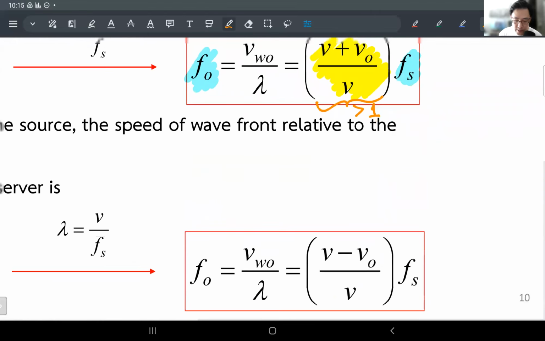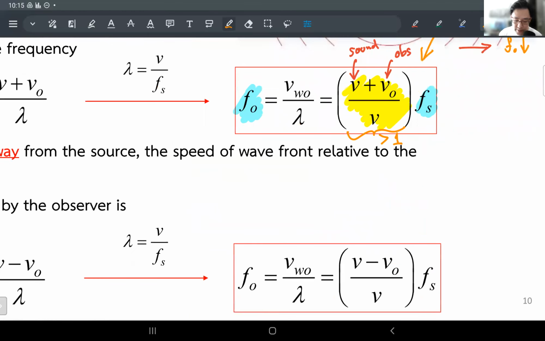If you compare this one to the bottom expression, what do you see? The bottom one is the case where the observer is moving away from the source. The form looks exactly the same. It must be some multiple of the source frequency. However, look at the numbers right here. See that?